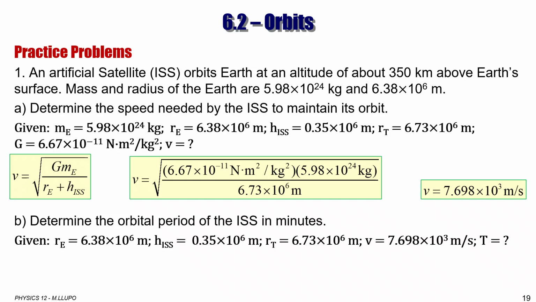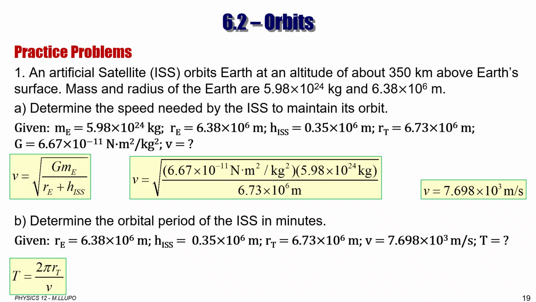Determine the orbital period of the International Space Station in minutes. Again, we are going to use the total 6.73 times 10 to the power of 6 meter as the total distance between the center of the Earth and the center of the satellite. Speed, are we using from the previous calculation? We don't have a choice here. We use calculated values.